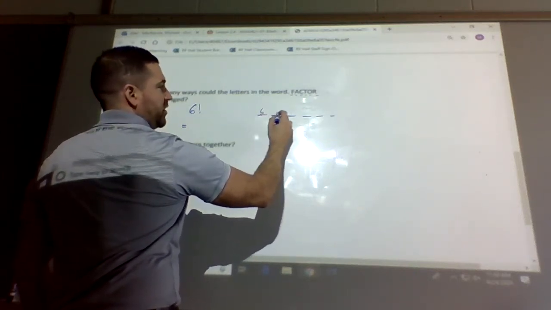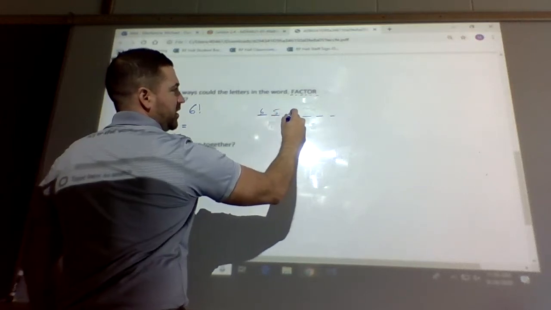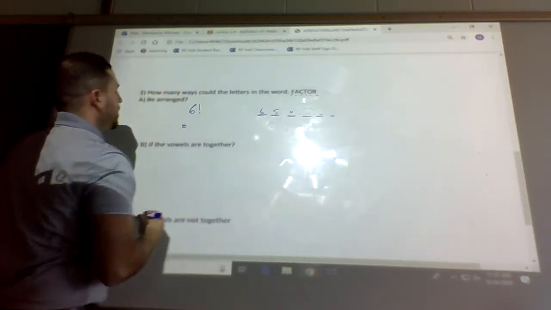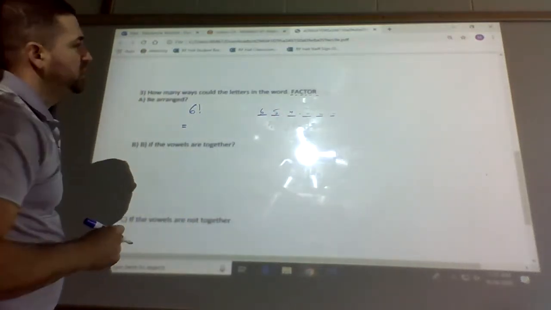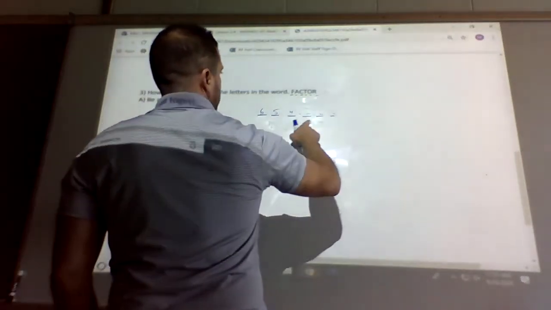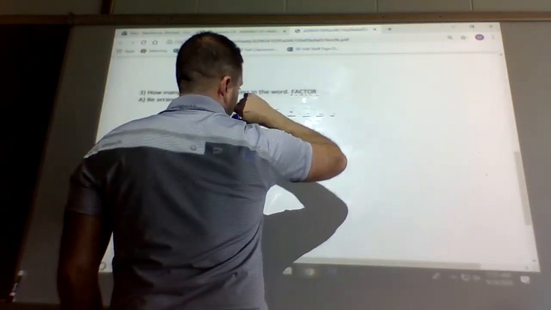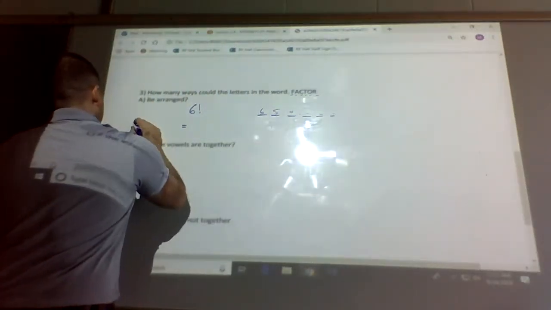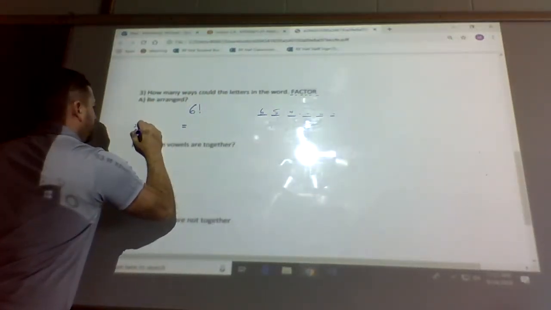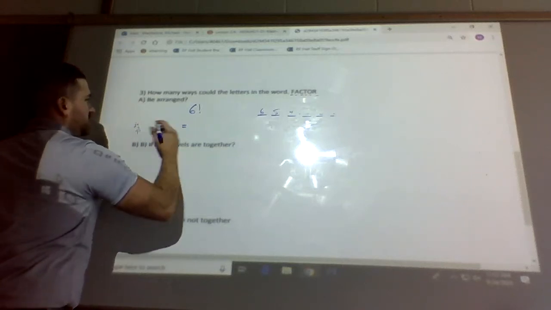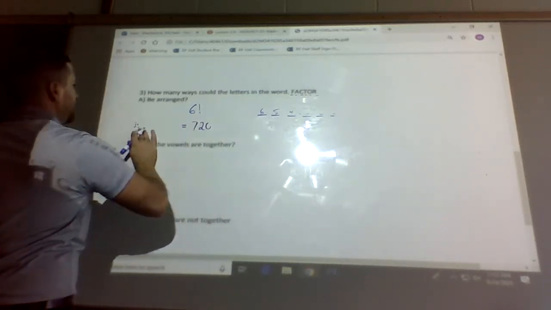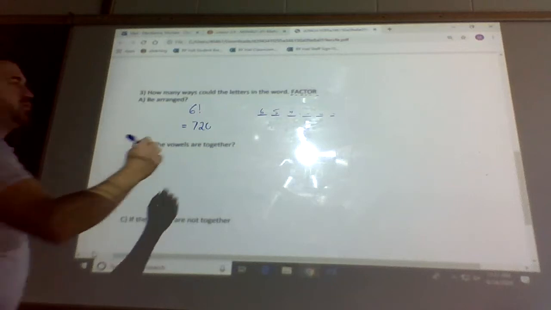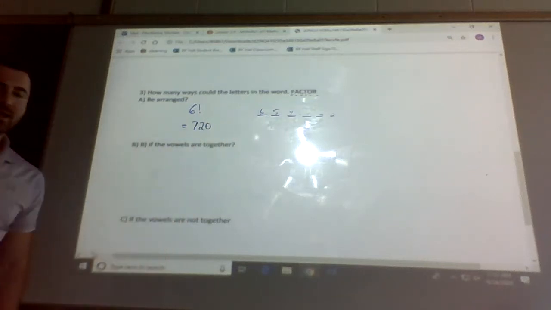Once you use 1 letter, you have 5 remaining for the next spot, then 4, 3, 2, 1. So we have 6 factorial. So that is 2, 6, 12, 24 times 30. 720 ways we can rearrange those 6 letters.